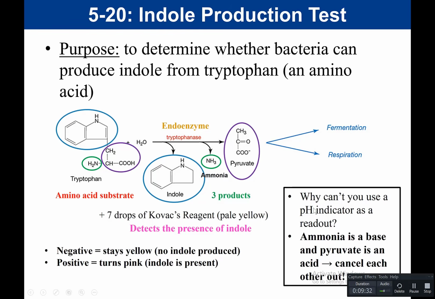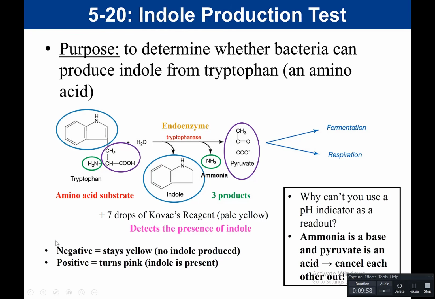You want to know that this test cannot use a pH indicator. You can't use a pH indicator because the pyruvate is an acid and the ammonia is a base, and they cancel each other out, and you won't be able to detect a change in the pH. So for this test under pH indicator, you're going to put none and then describe why.